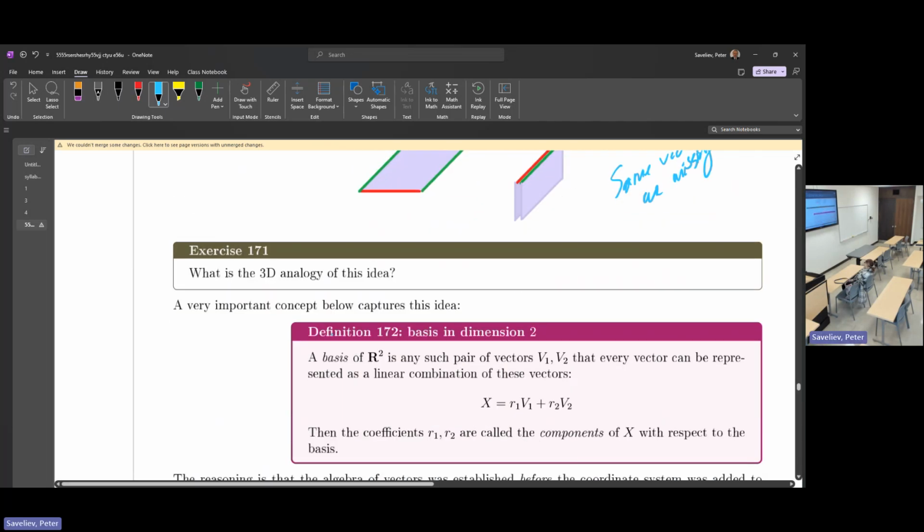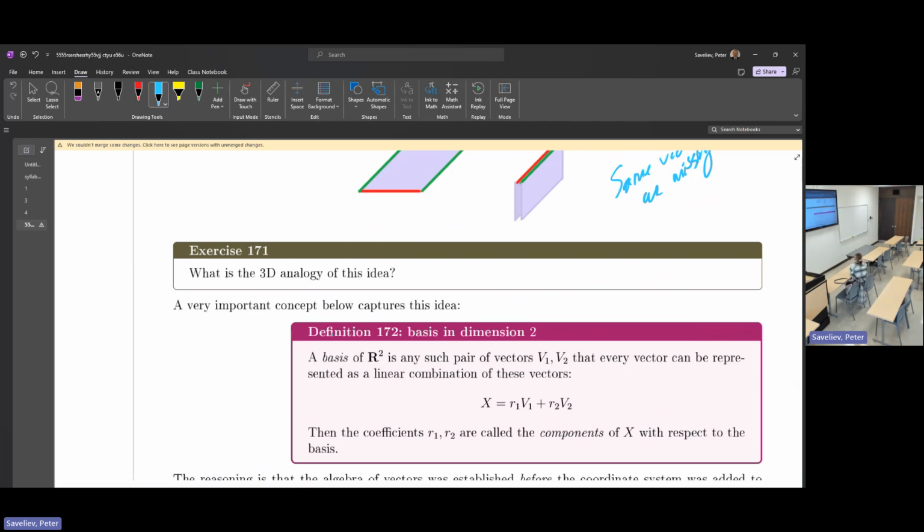So that's the basis in dimension 2. A basis in R2 is any such pair of vectors, V1, V2, that every vector can be represented as a linear combination of these vectors. That's all.